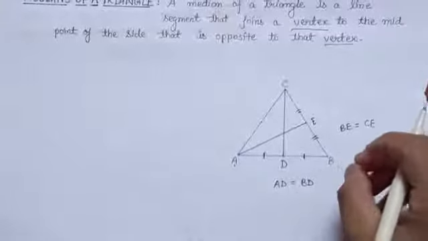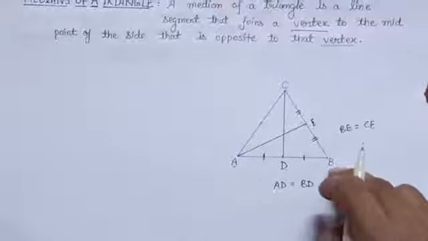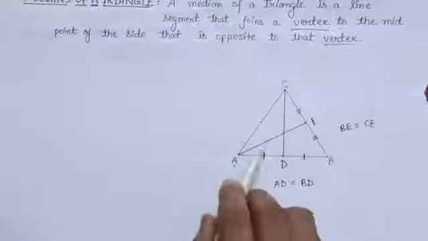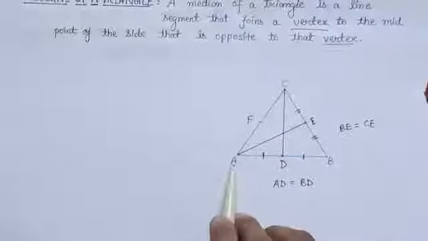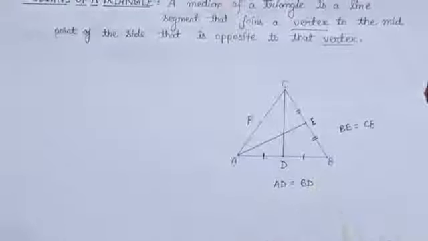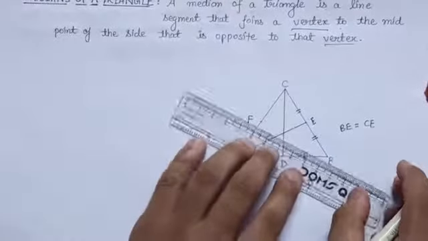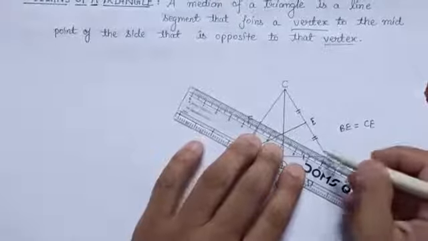Now again you can see that there is one more vertex, that is the vertex B. Again, let us assume that F is the midpoint of the side AC which is opposite to this vertex B. Now if we join the vertex B to the point F, then what do we get?